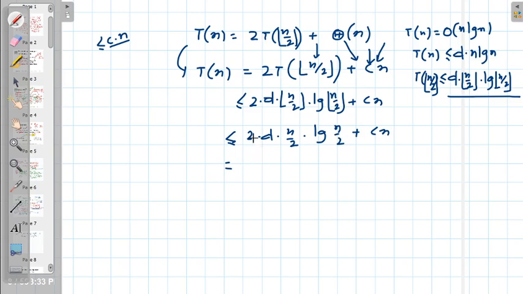And the similar thing is going on, 2 cancelled out, so it's dn log n minus 2, so dn log n minus log 2 means 1, so it will be dn plus Cn.